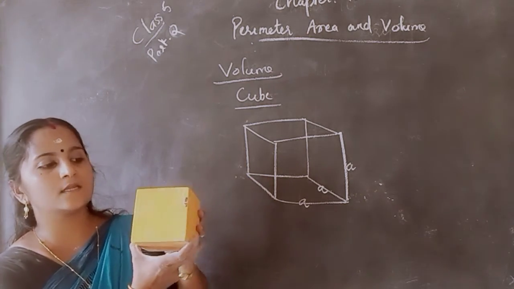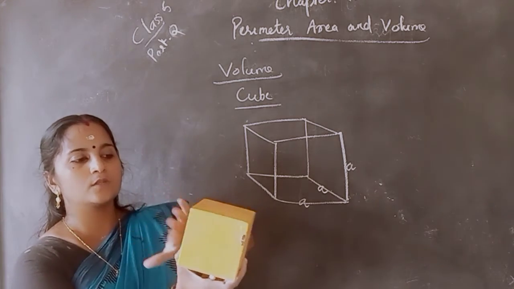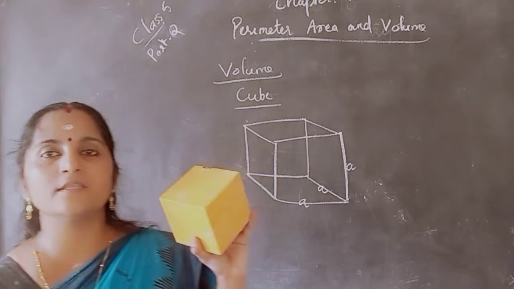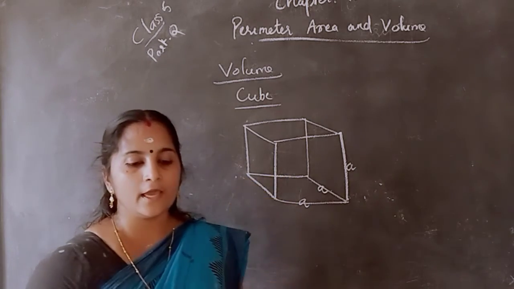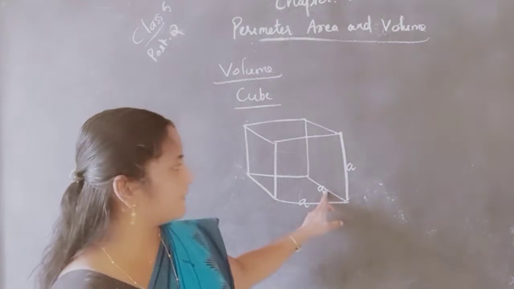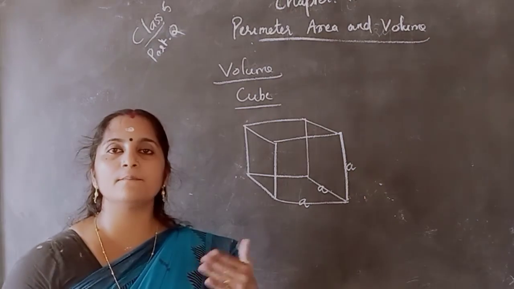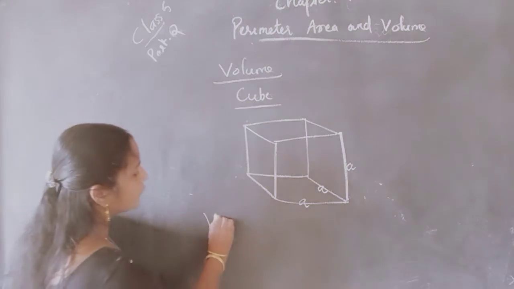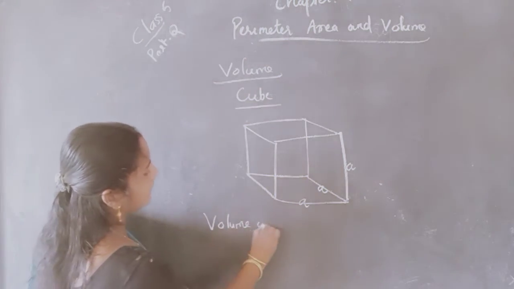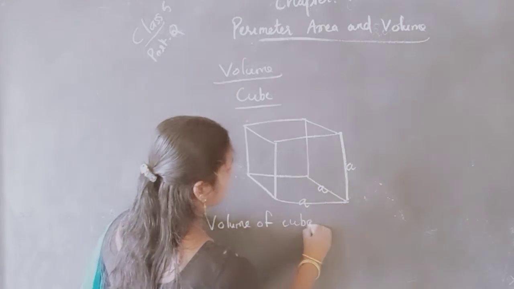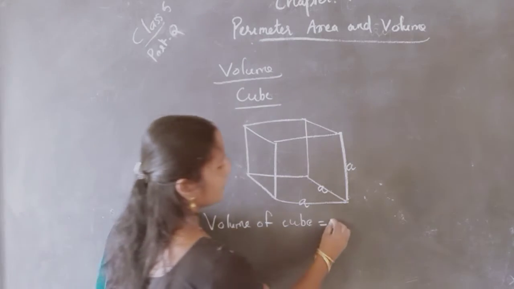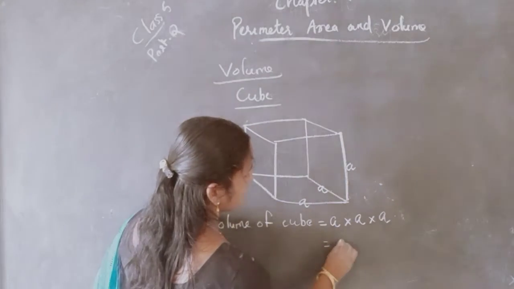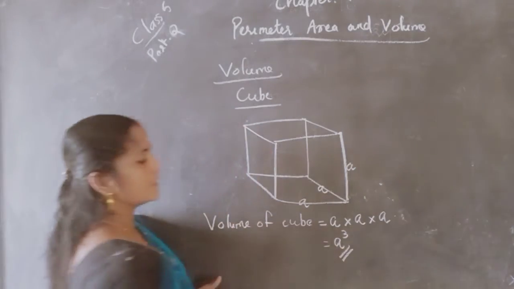How many faces are there? 1, 2, 3, 4, 5, 6 faces are there, and all the faces are of square shape. And here length is A, breadth is A and height is A. So if you compare with the volume of a cuboid, volume of a cube is equal to length A, breadth A, height also A. So what is the volume? A into A into A is A cube.